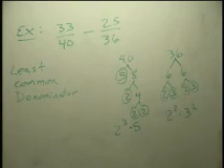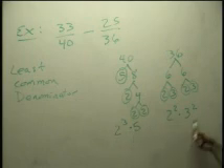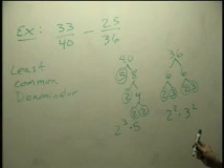How do I find the least common denominator? Well, I need a number that's big enough that both of these can fit into it. They don't have to both fit into it at the same time, but they both have to fit into it.